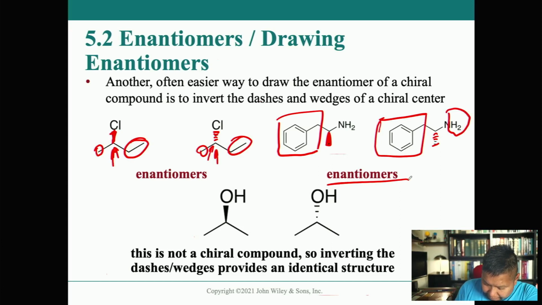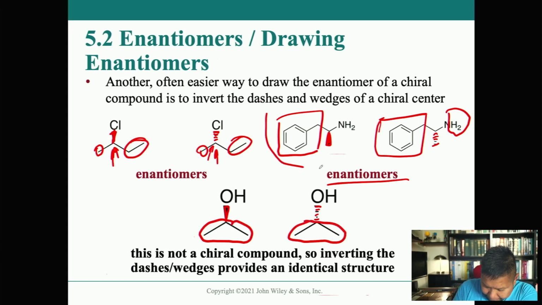Now, the difference, though, is that when we look at this structure here, we have the OH coming towards you in one, and then we have the OH dashed into the paper going backwards in the other structure, right? But the rest of the structure is symmetrical.